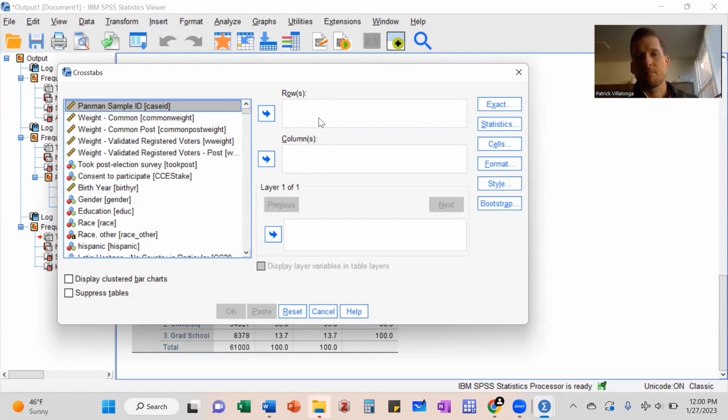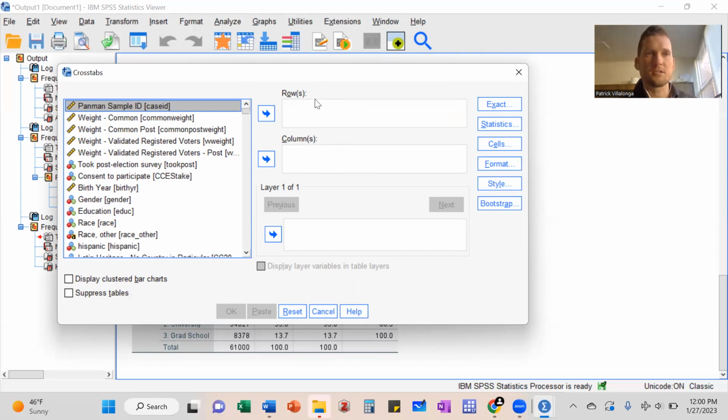So the way to think about this is you're going to put the cause, your independent variable, in the column section, and the effect or the dependent variable is going to be in the row section.